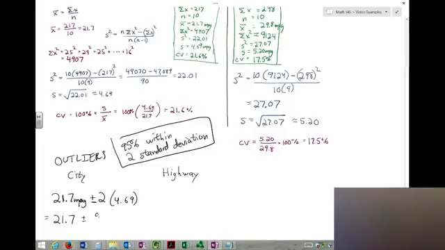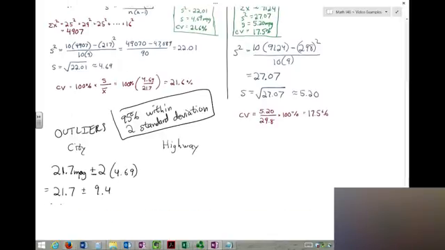That'll be 9.38. I'll round it to 9.4. And so we have our interval, 21.7 minus 9.4 to 21.7 plus 9.4.